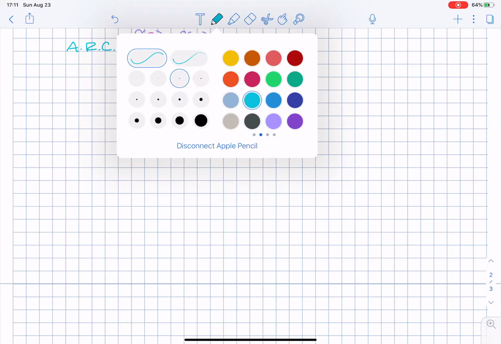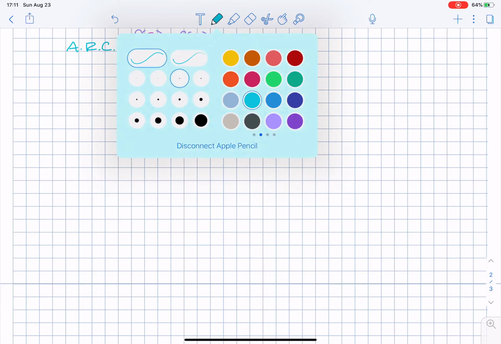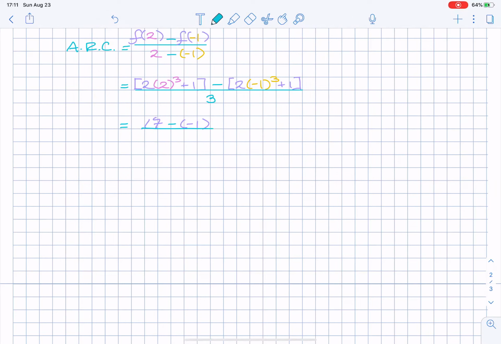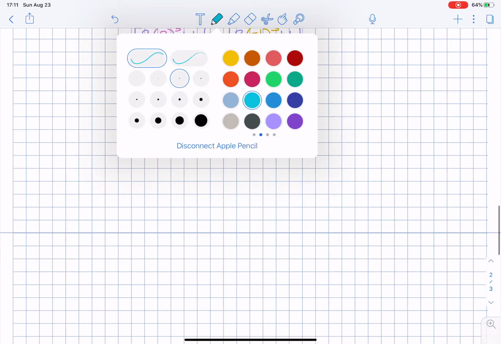So this will be minus a negative 1 all over 3. So 17 minus a negative 1 is 18 divided by 3. So that becomes 6. So the average rate of change for that function on the given interval is 6. So that's the slope of the secant line.